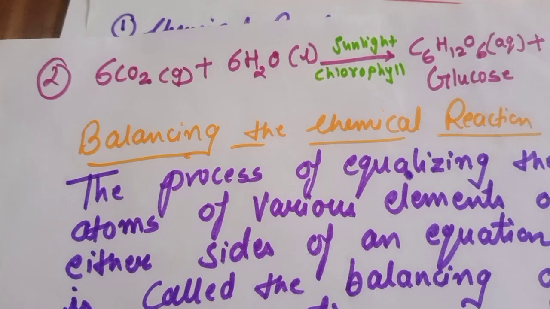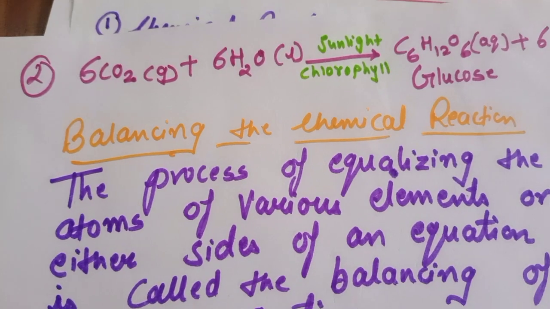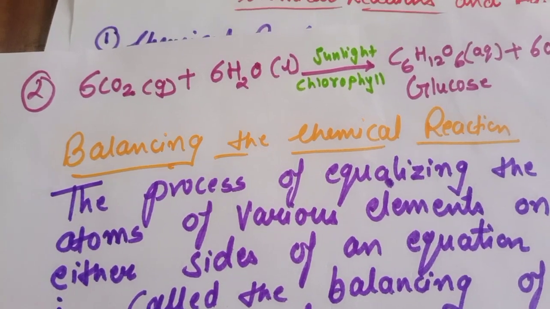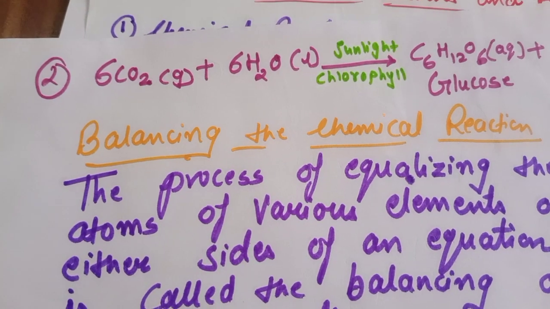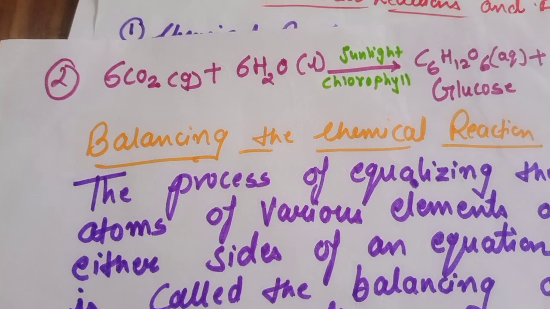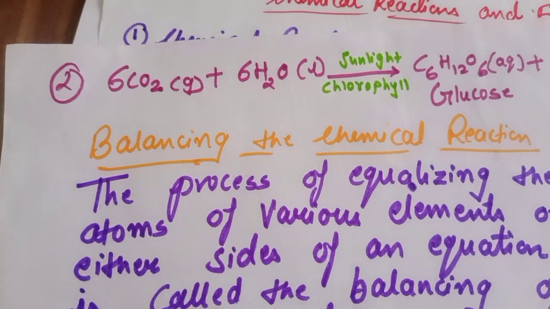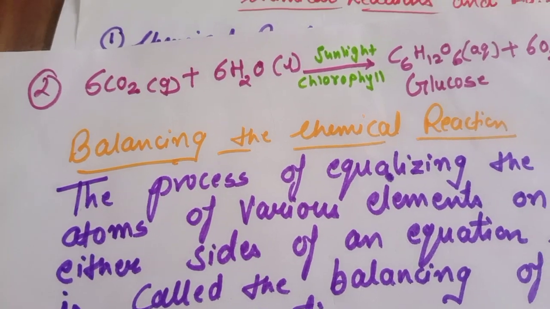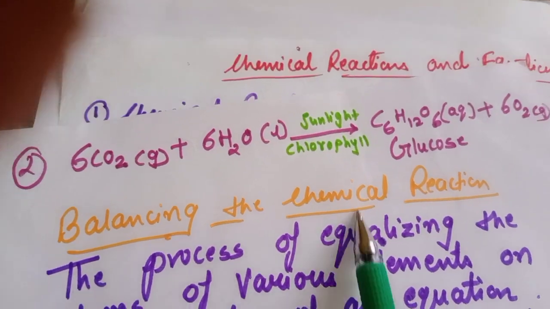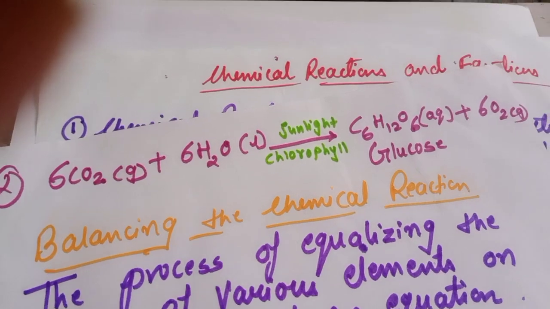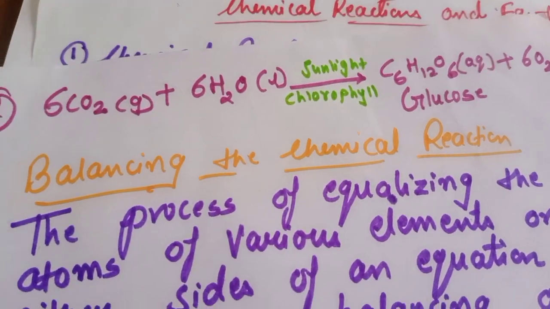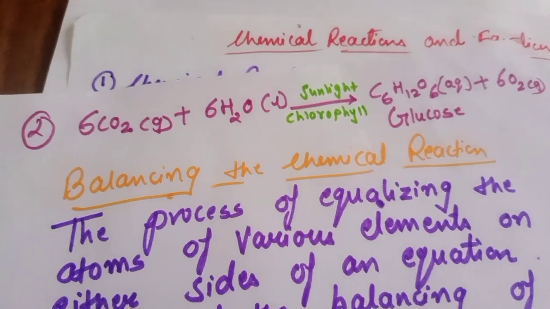For example, at a particular temperature, at a particular pressure, or in presence of any catalyst, or in presence of any reactants. So all the necessary conditions you have to mention above this arrow. You can see the arrow over here. So I hope you have understood.